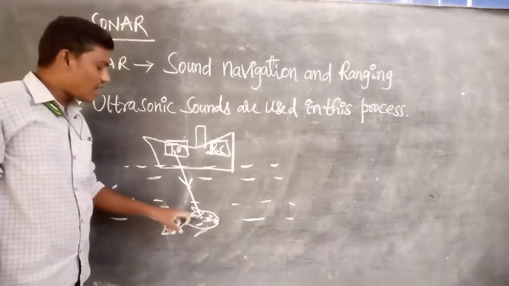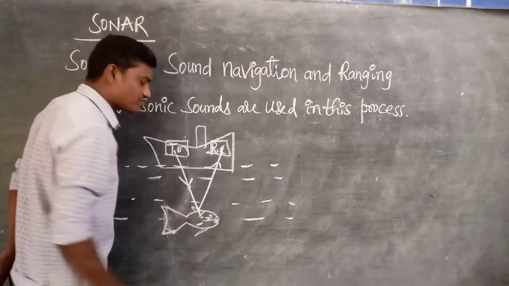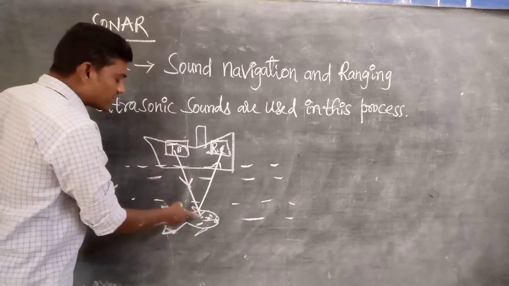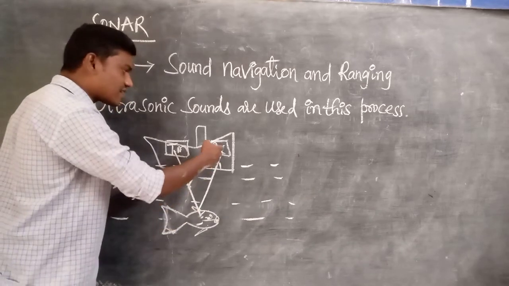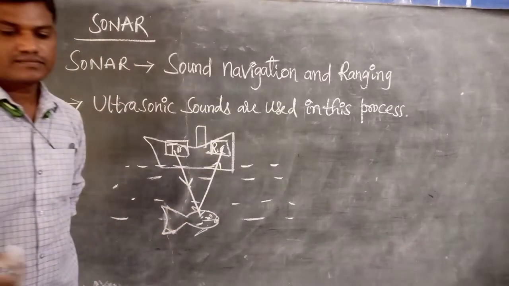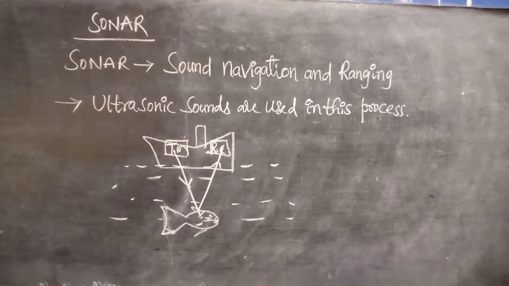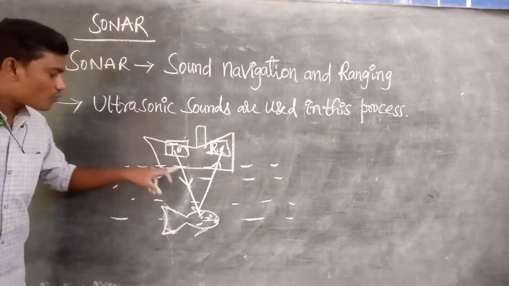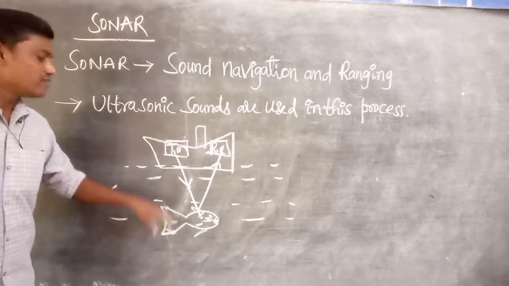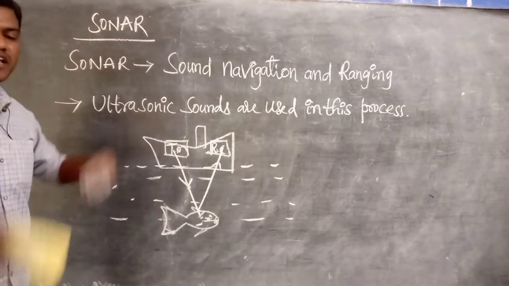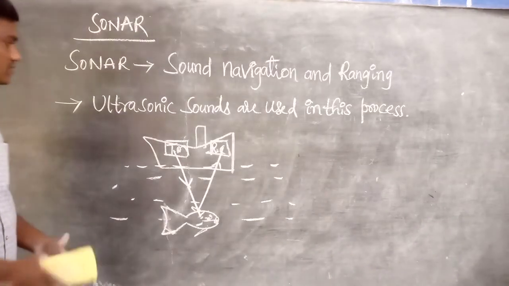These ultrasonic sounds reach the fish or group of fishes, are reflected and come back. The transmitted waves travel a distance D, and after that they travel D distance again and reach the receiver. With this concept they can find at what depth below the surface of the sea water the group of fishes are. That's why they immediately release the nets and collect the fishes inside the sea.